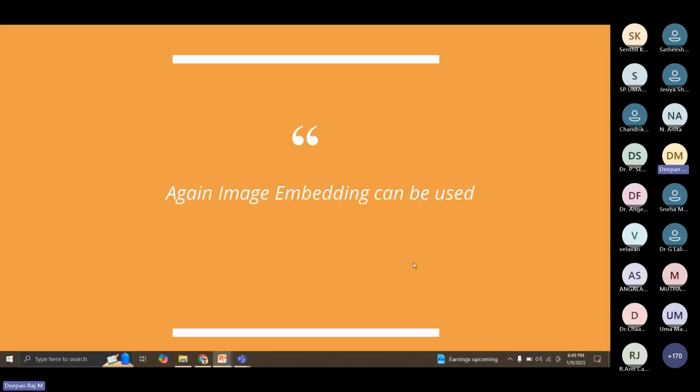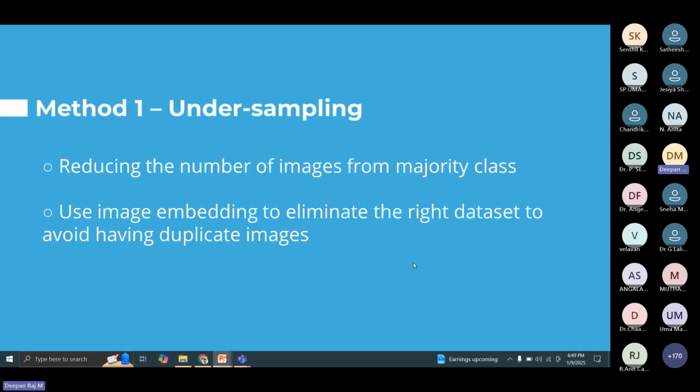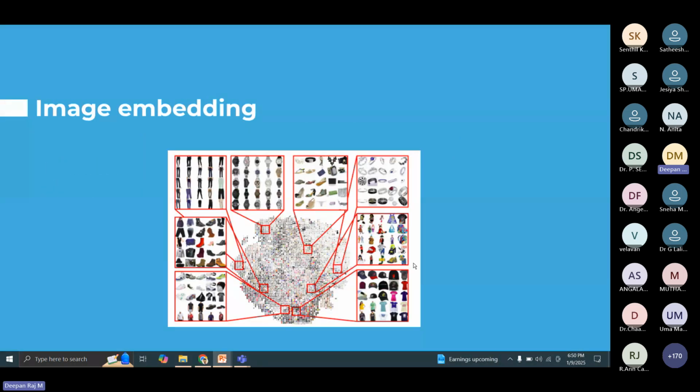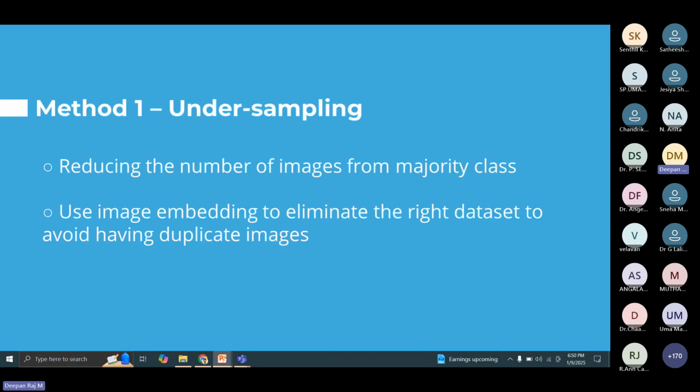Okay, so the methods which you saw till now are undersampling. In addition to undersampling, we can also do augmentation, which is another effective way, I would say. We can either oversample or augment the images. But again, as I told, if the anomaly samples are very, very limited in nature and very sporadic, you can't simply augment them.